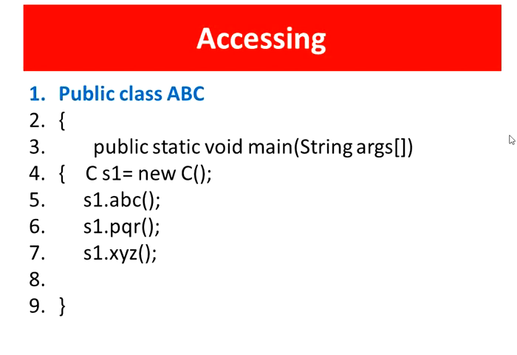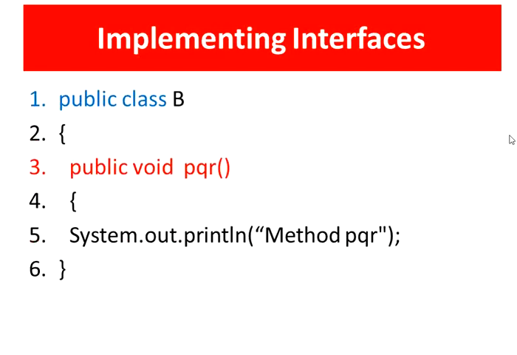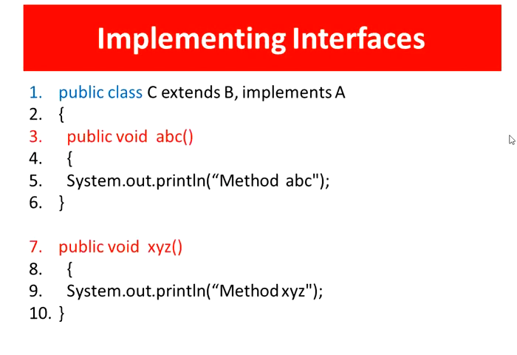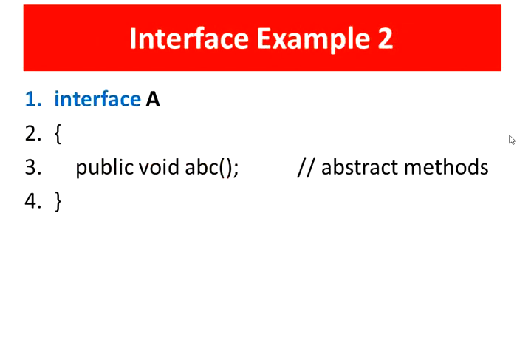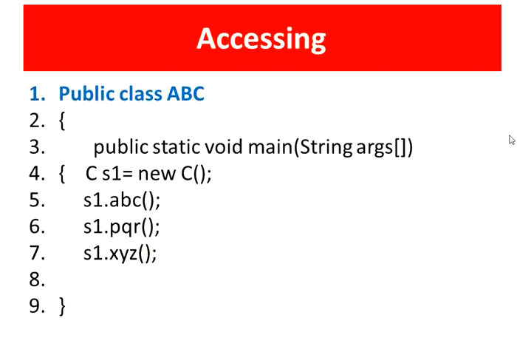Now the PQR method belongs to class B, but as class C has extended class B, it has got access to this PQR method, and then it is also able to access ABC because this class C has implemented the ABC method of interface A, which displays output as method ABC.